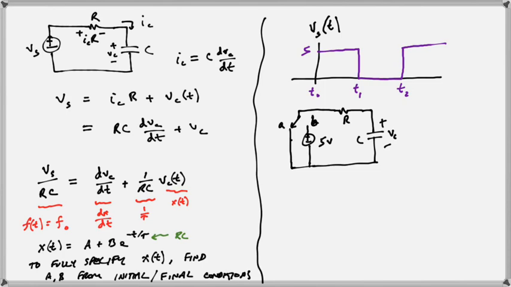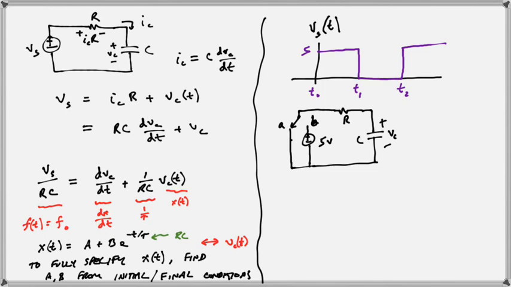So this x of t over here is actually going to play the role of our v of t. So let's just make a note here: Vc of t. And we're going to use steady state analysis to determine what the initial and final conditions are. So let's start with initial conditions.